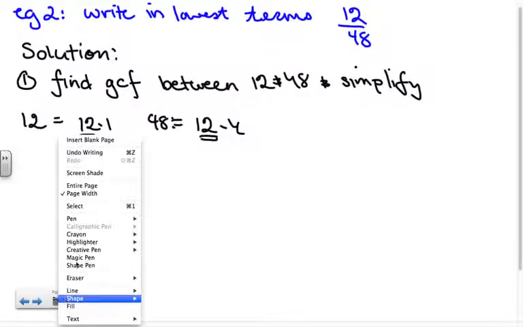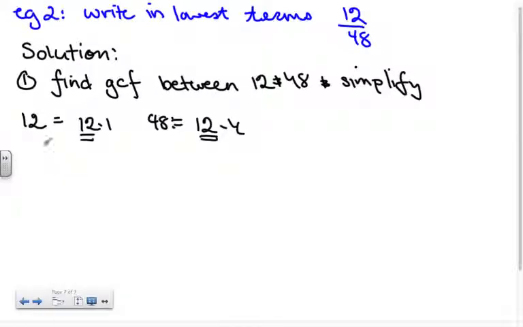So to rewrite it once again, 12 divided by 48 is the same thing as 12 times 1 over 12 times 4. The 12's cancel and become 1. Anything divided by itself is always 1. So the answer is 1/4.